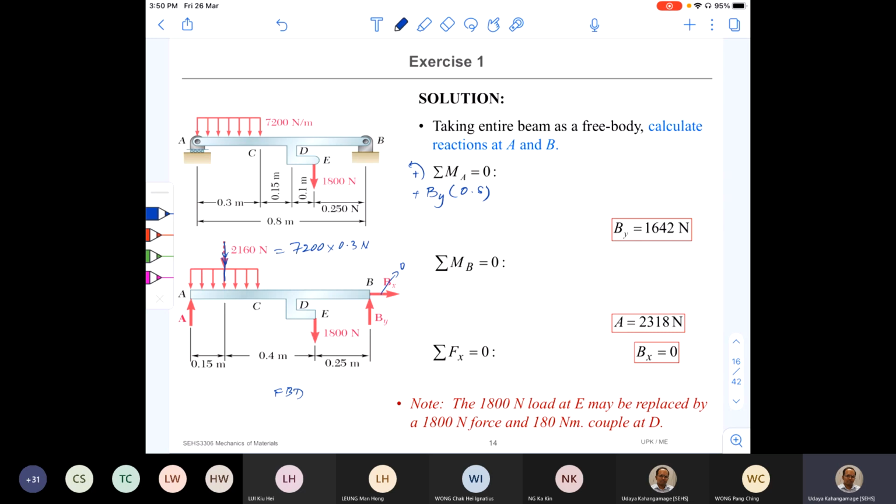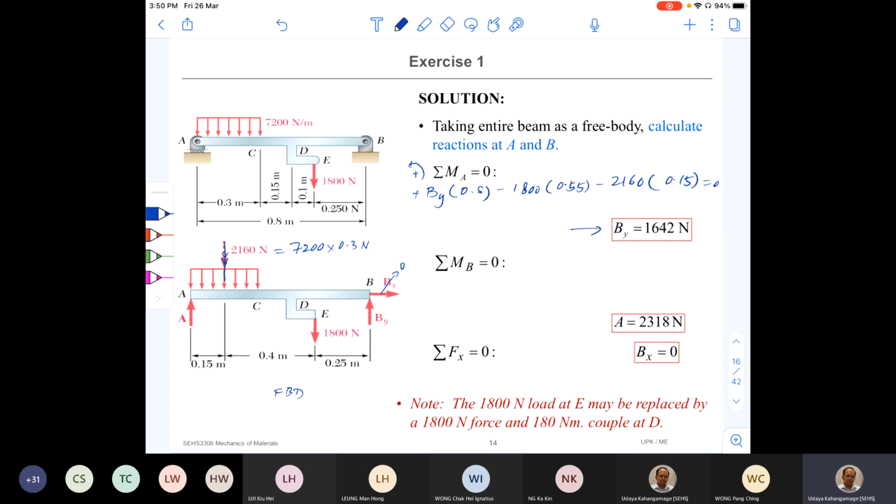The 1800 creates a clockwise moment, therefore it is negative 1800, and the distance is 0.4 plus 0.15, 0.55. And then 2160 again creates a clockwise moment, so negative 2160, and the distance is 0.15, equal to 0. Now you simplify this one and get the answer.